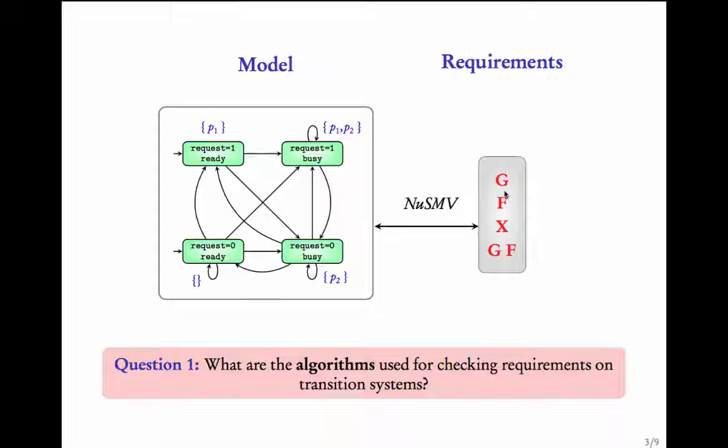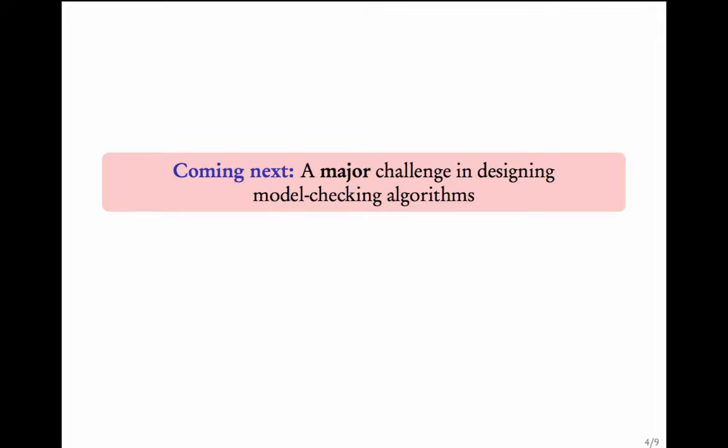We have seen the algorithm for the simple case of an invariant, but now we are interested in algorithms for checking these generic requirements. Although usage of model checkers is simple, there is a lot of work that has gone in the designing of model checking algorithms.